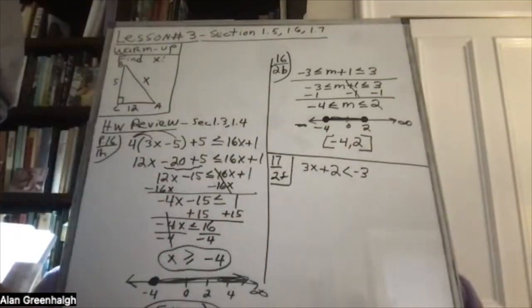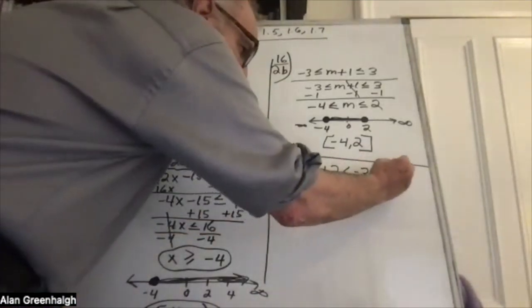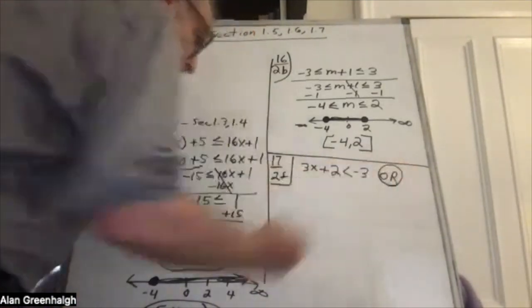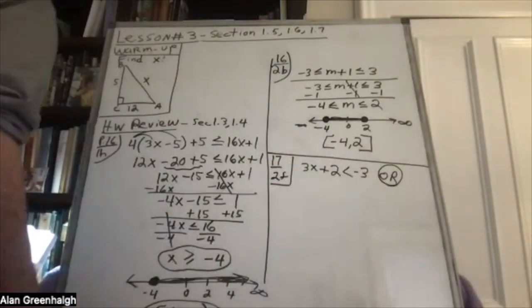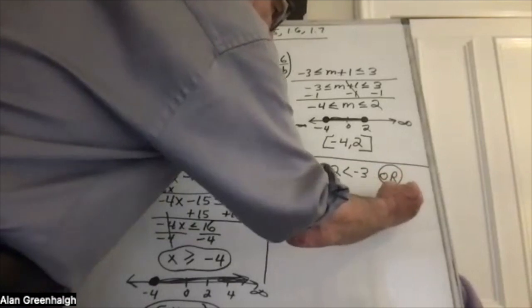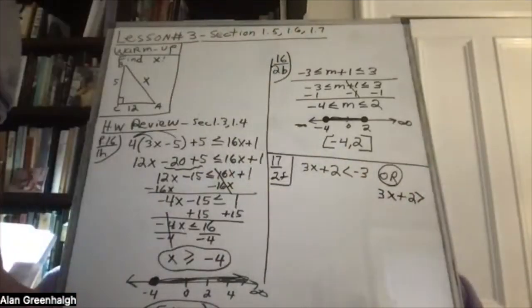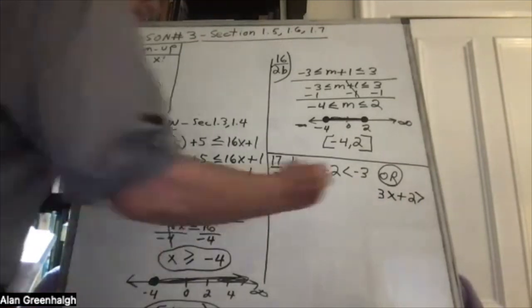And the key word there is coming up. Or, the key word, or, 3x plus 2 is greater than 3.